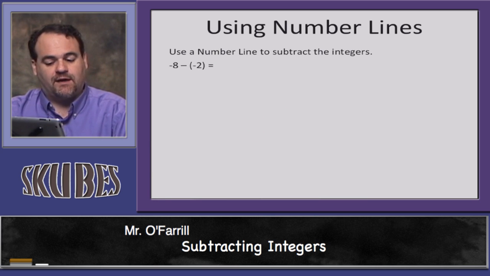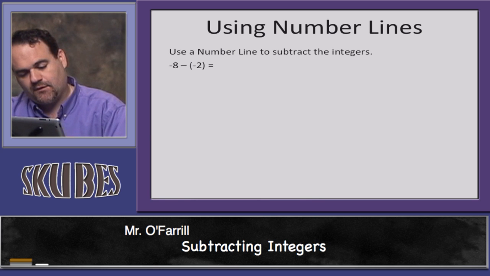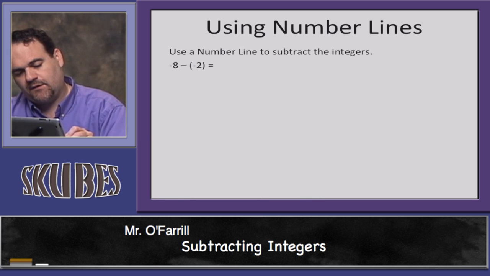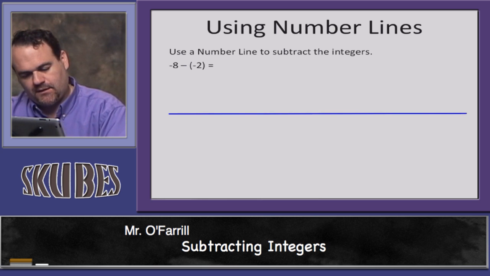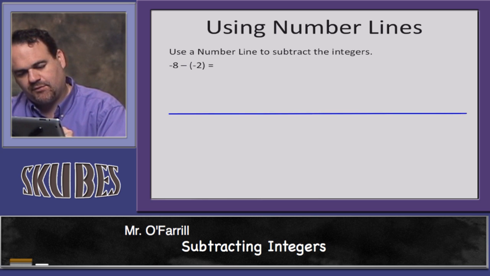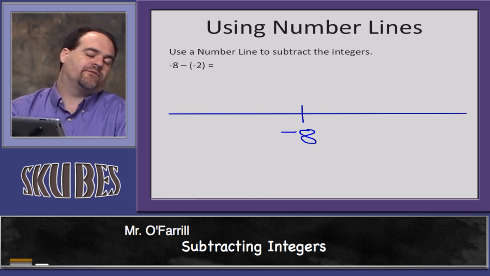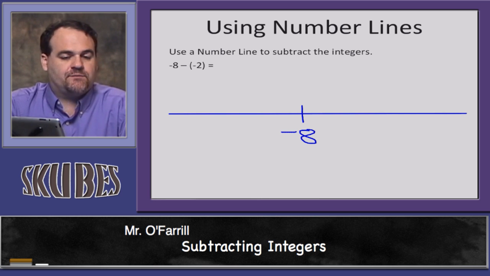Use the number line to subtract the integers. Well, here is another number line. And once again, I'm just going to put this in the middle here, -8. Now here's the rule if we're going to use a number line.